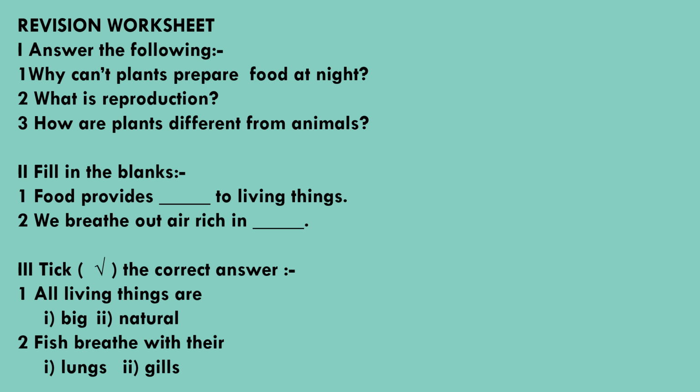Children, now solve this worksheet to evaluate your learning. The first part is answer the following. Children, here a few questions are given to you and you need to give the answers of these questions. You need to explain the answers. The first question is, why can't plants prepare food at night?